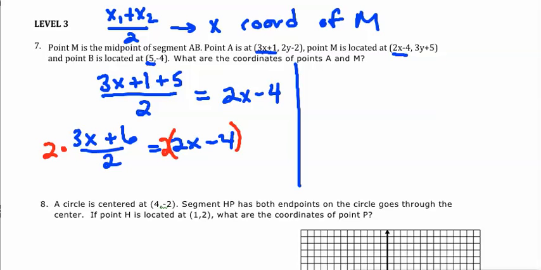So multiplying the left side by 2 just gets rid of the 2. And then we need to distribute this 2. So 2 times 2x is 4x. 2 times minus 4 is minus 8.